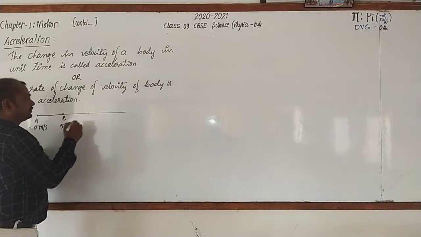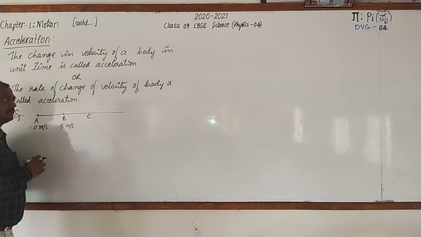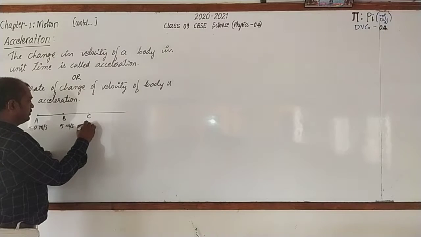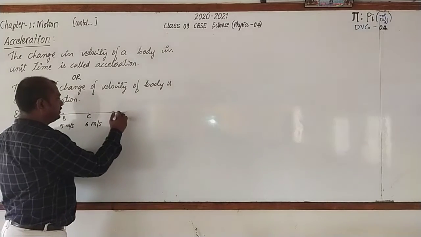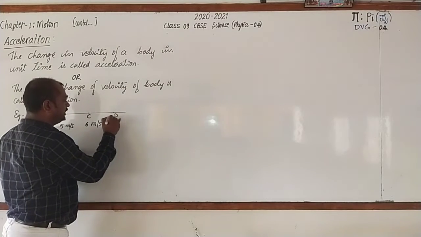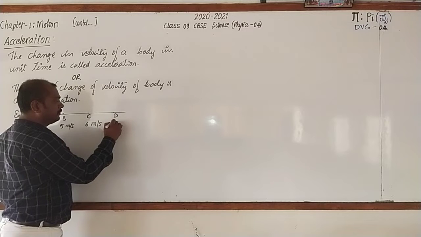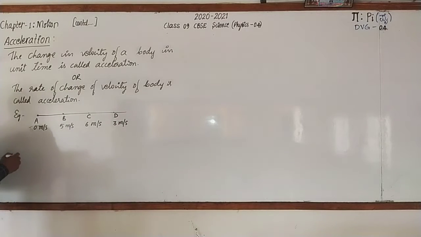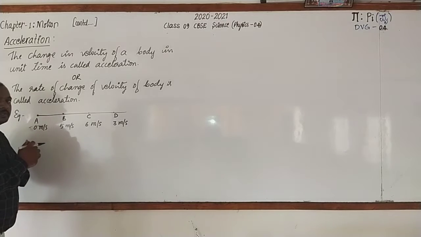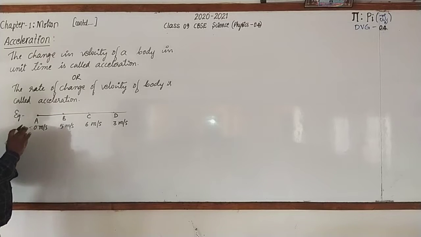Then again comes to the position C and it will be about 6 meter per second. Then here position D, and here the speed will be 3 meter per second. You can observe that here the body is changing its speed, or a person is changing his speed after some intervals of time. Got it?